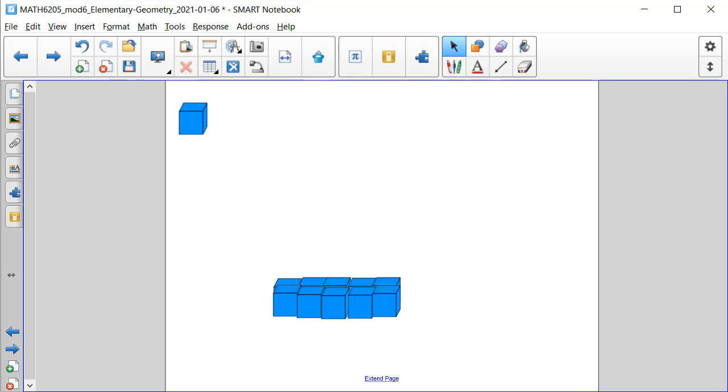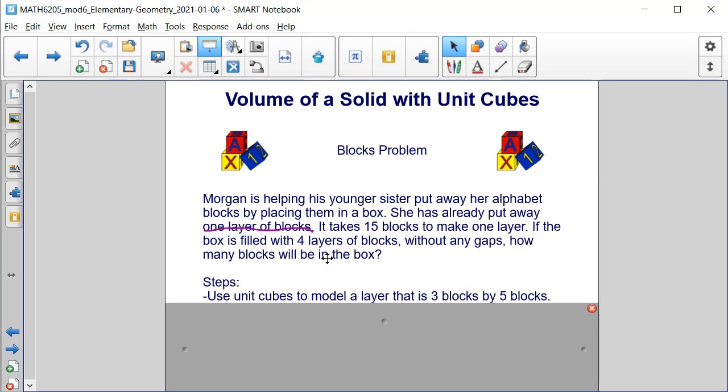Okay, so now we have 2 layers of 5. And now we can do it again to make the third layer. Okay, so here's our 15 blocks that we have in one layer. Now let's go to the next step.